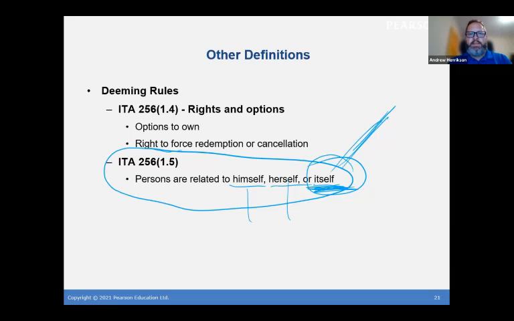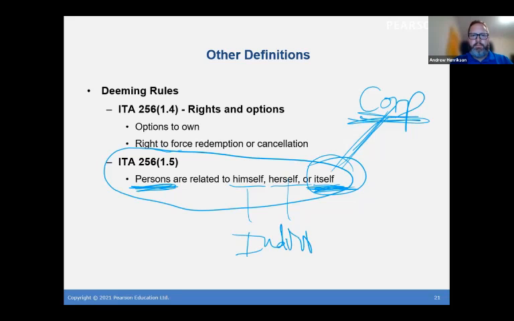The reason why we're using itself is a corporation, because a corporation can be a person. That's why we said him, her, or it. So this is individuals we're trying to represent here. And the itself is referring to a corporation. So a corporation is related to itself as well.